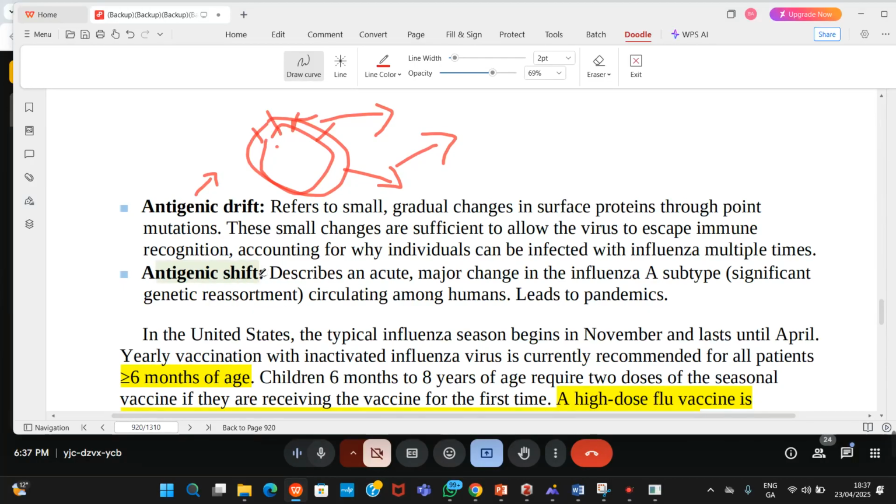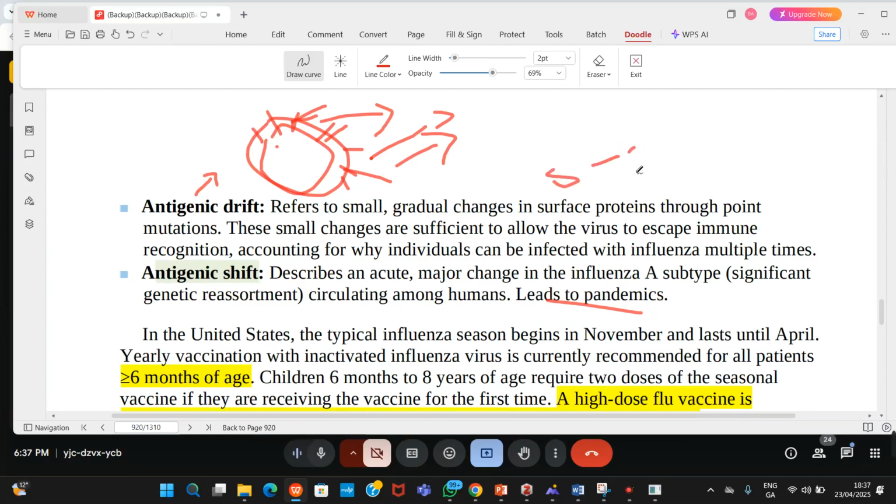There are no severe changes with drift, but with antigenic shift, the entire genome is changed. All the proteins, everything is changed. So there's nobody that can be immune to that virus. That one has a very strong capability to cause pandemics and travel very far and wide.